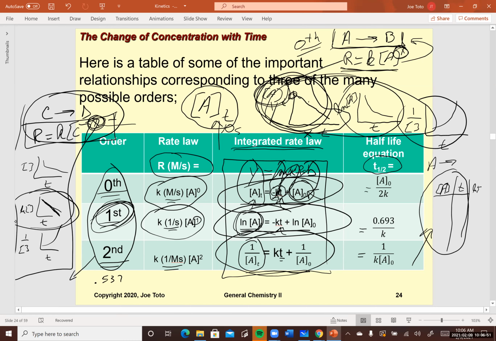So remember what I said about these integrated rate laws for 0th, 1st, and 2nd. These integrated rate laws are really infinite functions. Let me write for 0th order, just as an example.